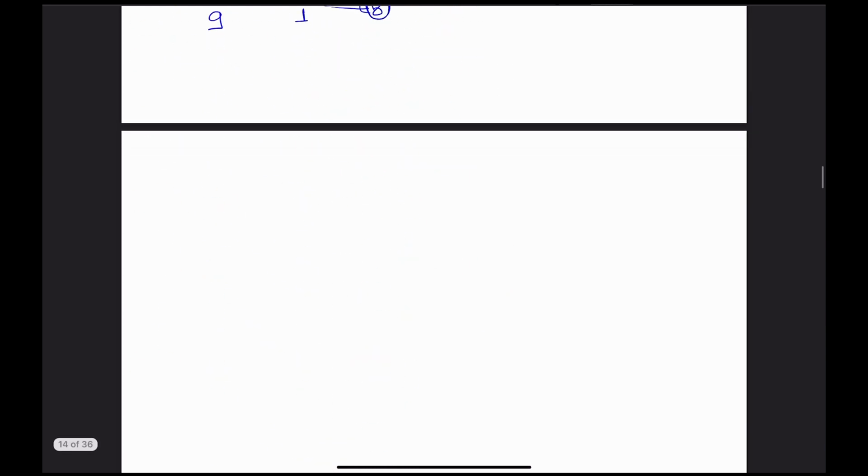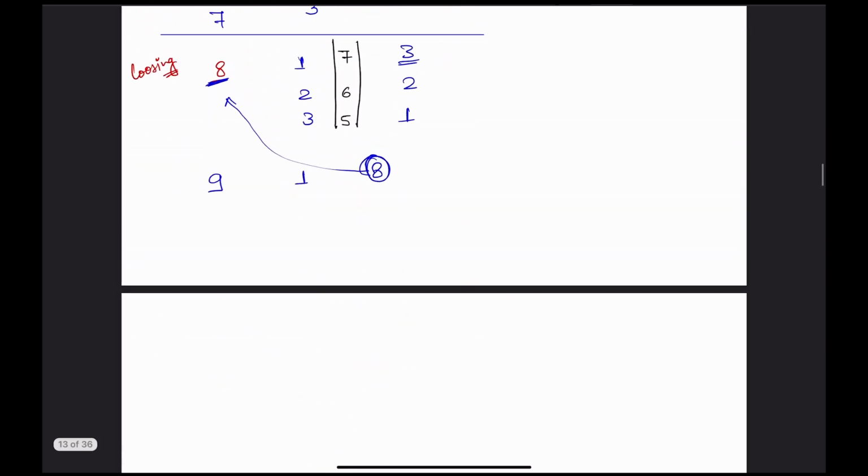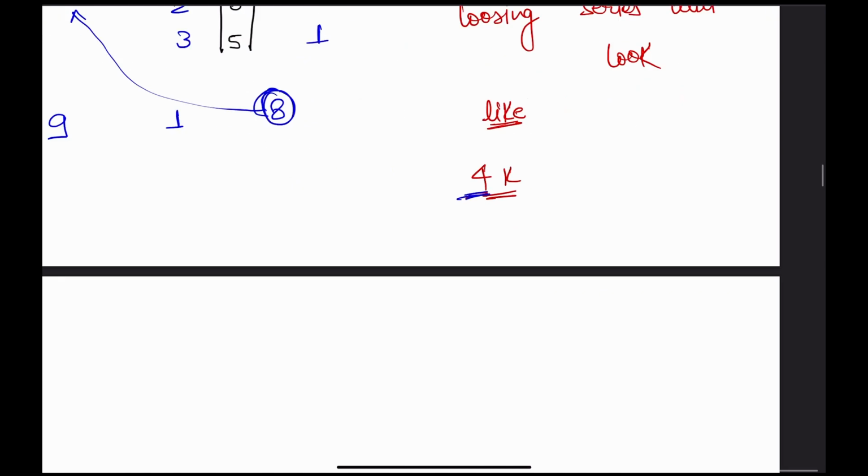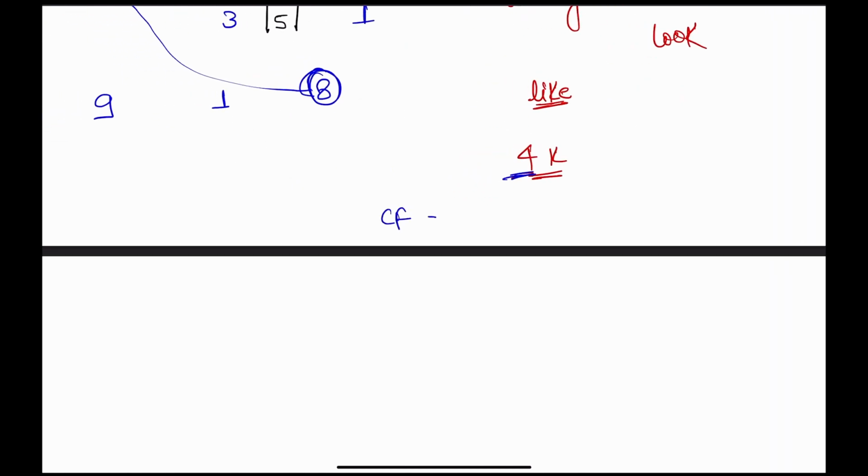Let me write below, losing series will look like in the multiple of 4k. And again 4, if you use your previous knowledge, is nothing but 1 plus 3, that is minimum plus maximum, 4.